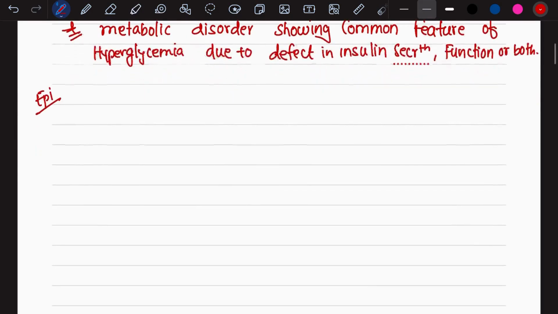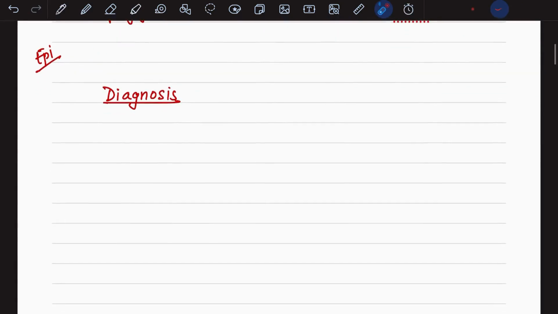If we are talking about the diagnosis, then let's have the concept regarding the diagnosis. In the diagnosis part, we can use the criteria given by the ADA, American Diabetes Association, or the WHO.